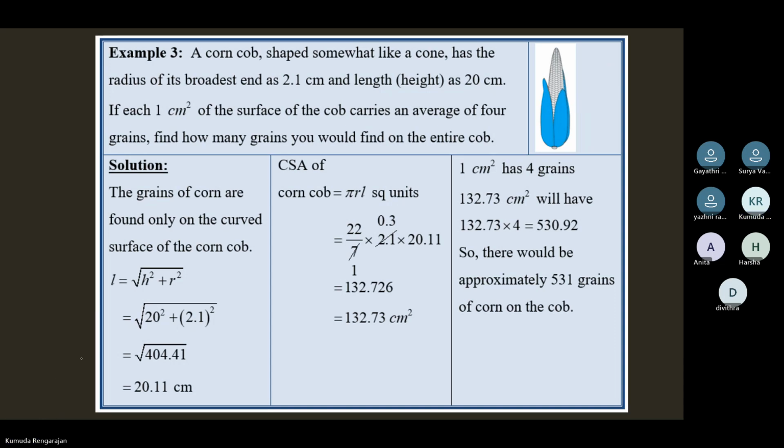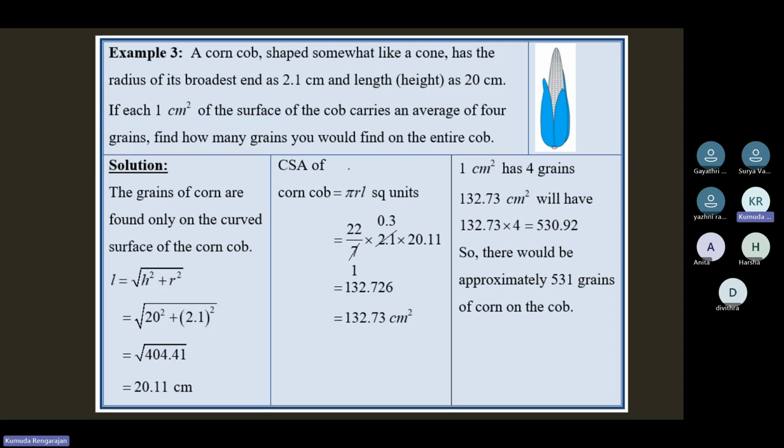So this corn cob is not a perfect cone, but it's somewhat conical. So we'll take it as a cone. Now, where are the grains, the corn kernels, arranged? They are arranged on the curved surface area of the corn cob.